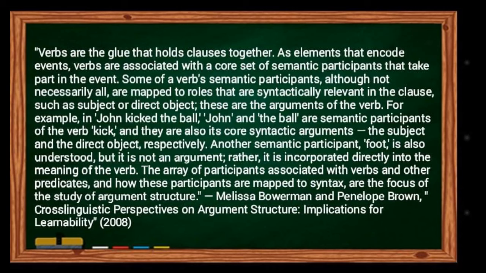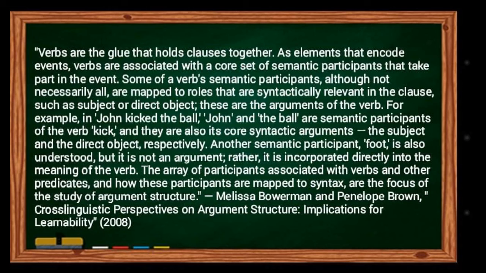For example, in the sentence, John kicked the ball, John and the ball are semantic participants of the verb kick, and they are also its core syntactic arguments, the subject and the direct object, respectively. Another semantic participant, the word foot, is also understood, but it is not an argument.